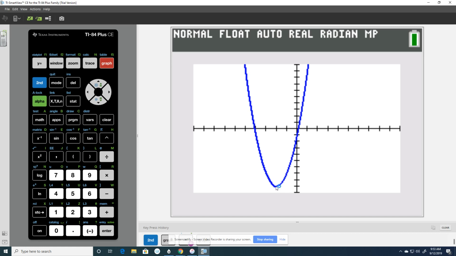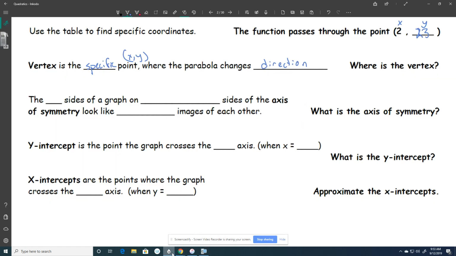There's a couple of different ways we can find that. One of them is to use your eyeballs. If I look at this picture, it looks like this point is at about negative 2 and down 9, so somewhere around (-2, -9). That's one way to find the vertex.